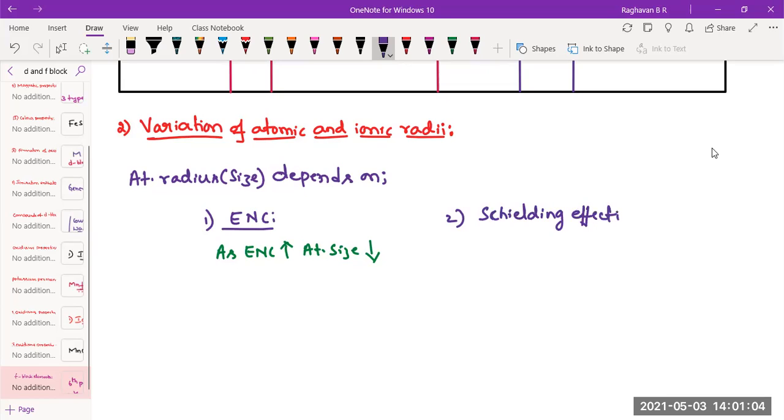As the shielding effect increases, the influence of the nucleus on the outermost electron decreases, so atomic size must increase.